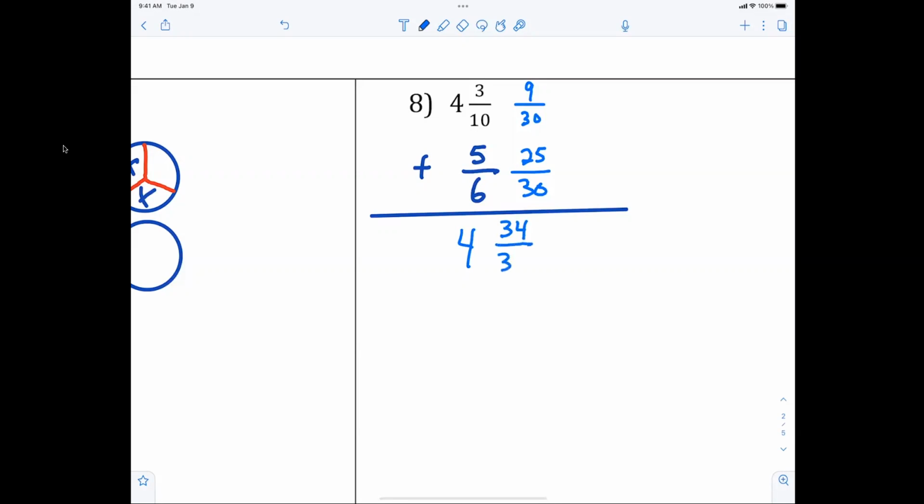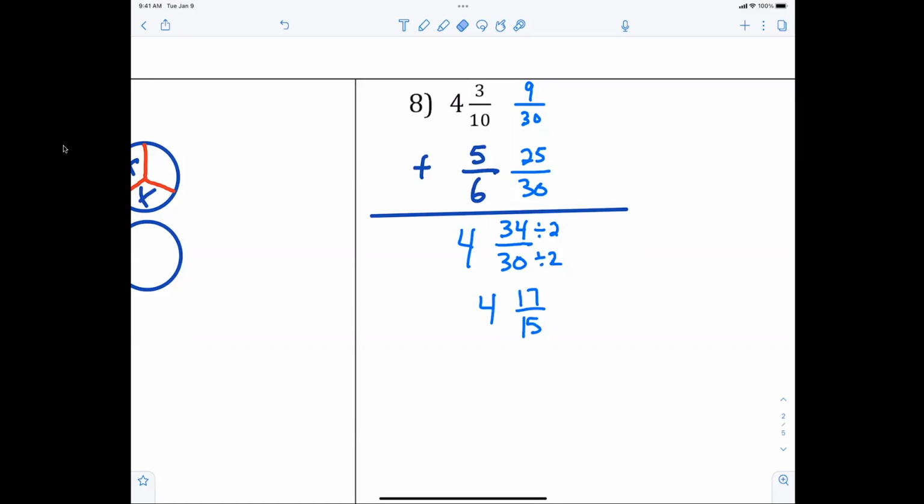34 over 30. Now the annoying part is I have to reduce, simplify. So 34 over 30 I can divide by what? 2. So now I want everybody to put 4 and 17 over 15. I'm still not done now because I can't have mixed and improper.